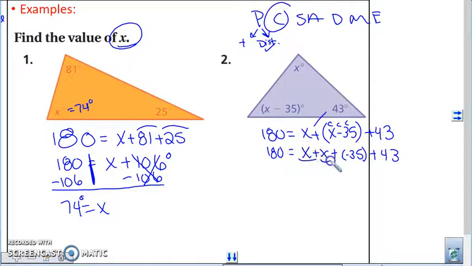We have x plus x, and then we have negative 35 plus 43. 180 equals 2x plus negative 35 plus 43. Which one's further from 0? 43, so the answer is going to be positive. So 43 minus 35 is 8.